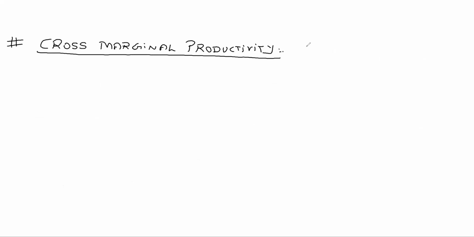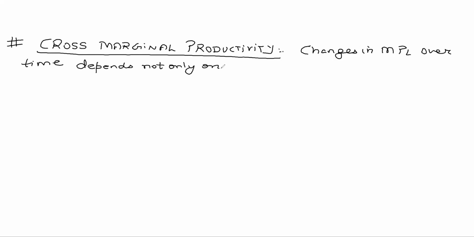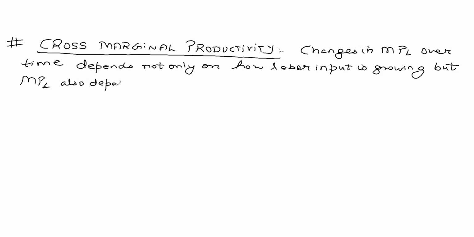But now the important point to understand is changes in the marginal productivity of labor over time depends not only on how the labor input is growing, but MPL also depends on how the capital input is changing, or I can say how the capital input is growing.